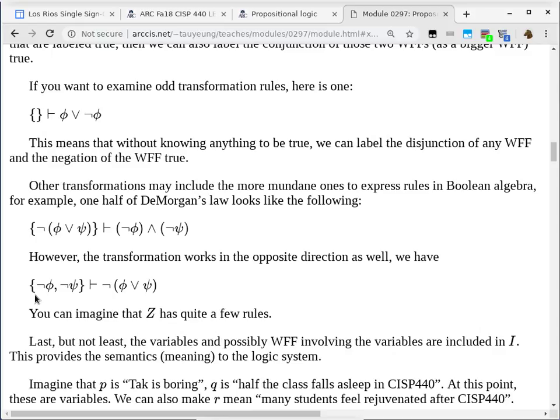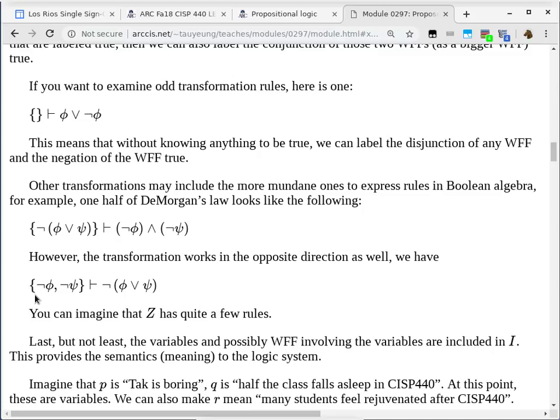But each one can also be a really long, complex expression on its own. I'm just saying that the negation of some well-formed formula and the negation of some other well-formed formula, they can be the same too, infers the negation of the first placeholder or the second placeholder. The negation of the overall disjunction is also going to be true.